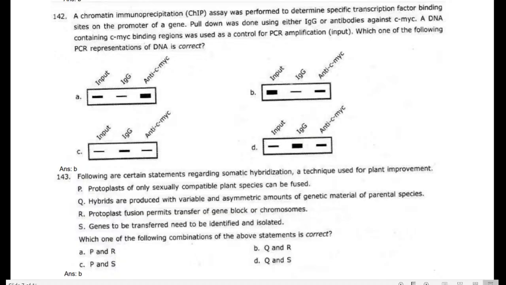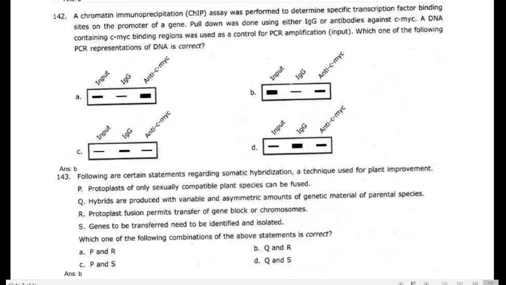For example, in an experiment they are doing hybridization of tomato and potato. This tomato and potato hybridized plant is known as the pomato.